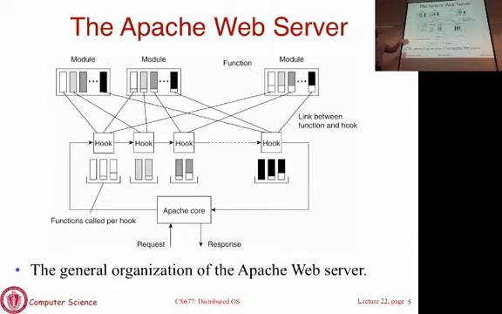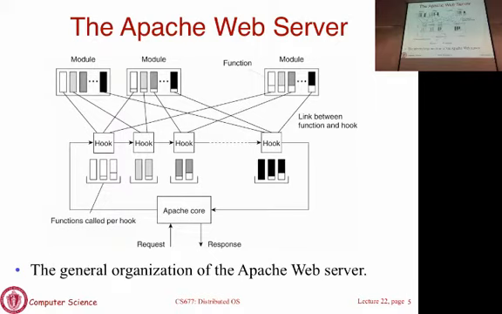This is the one that the Apache web server uses, very popular web server for serving web content. Go back to the discussion we had maybe in the third or fourth lecture, when I talked about multi-threaded, multi-process, event-based servers. Those kinds of design considerations come into play here.